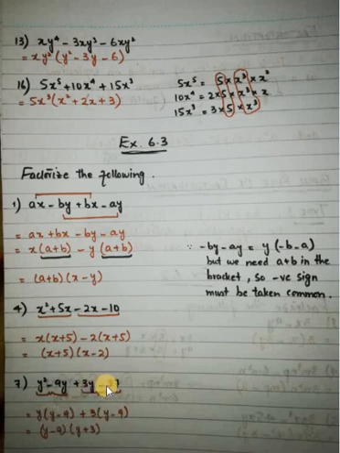So 3 will be taken common to get y minus 9. Then, from these 2 terms, y minus 9 will be taken common, and in the first term y is left and in the second term plus 3 is left. So the complete factorization is y minus 9 into y plus 3.